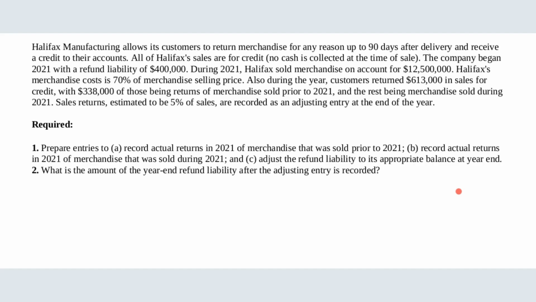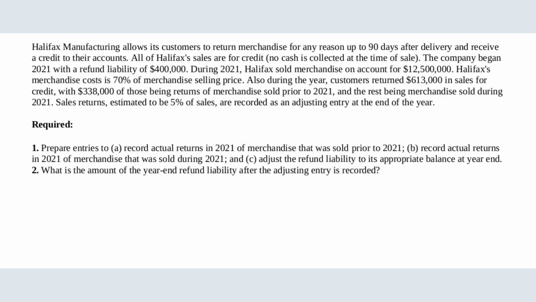Pretty much any merchant is going to offer that to their customers, especially if they believe in the quality of their merchandise. And so how do we deal with these returns for accounting purposes? We said we are going to have to estimate the sales returns based on maybe historical data and also our evaluation of current economic conditions, and we're going to come out with a percentage.